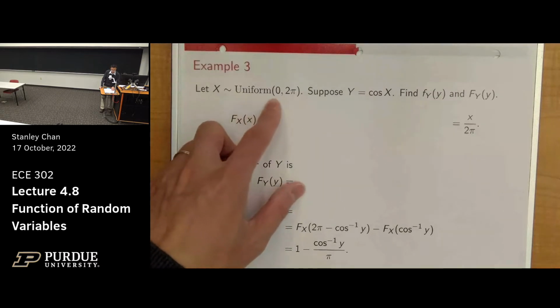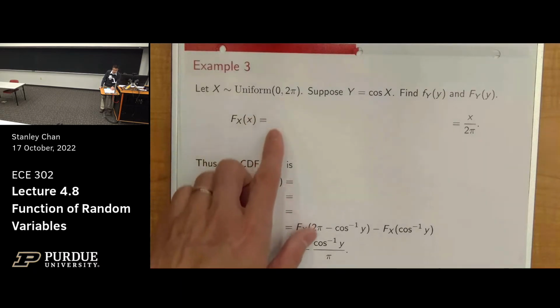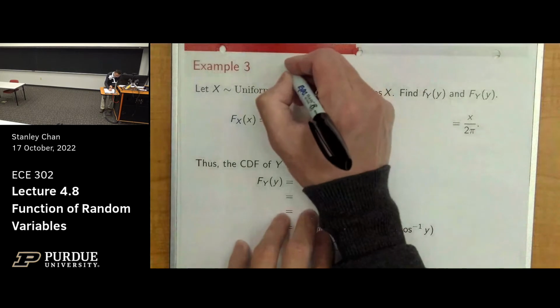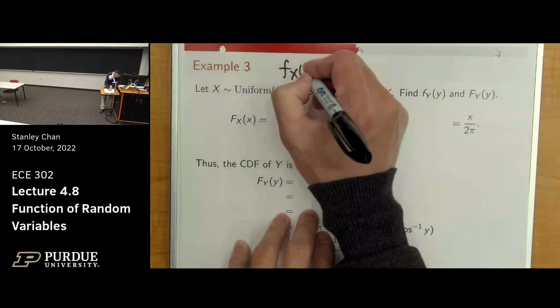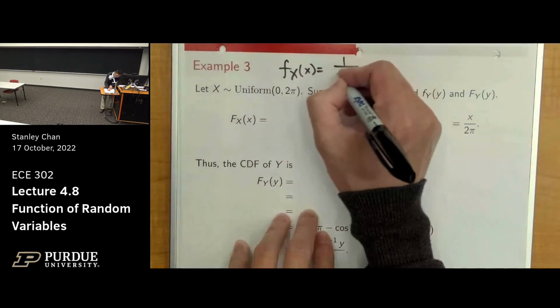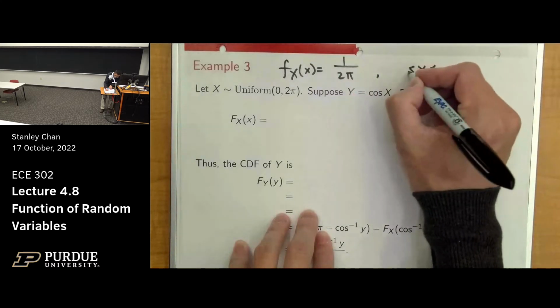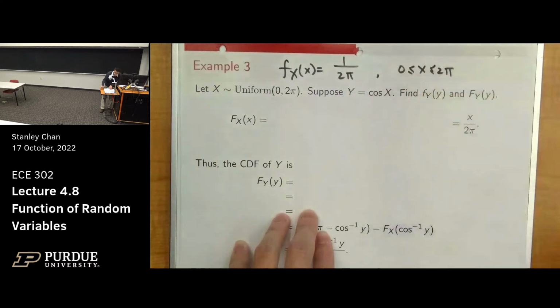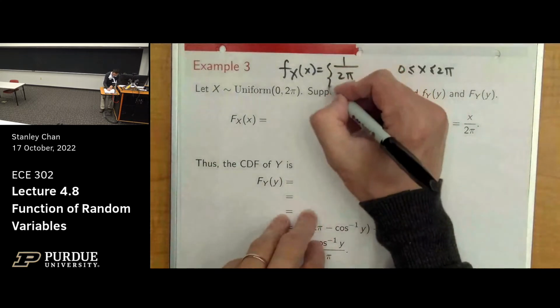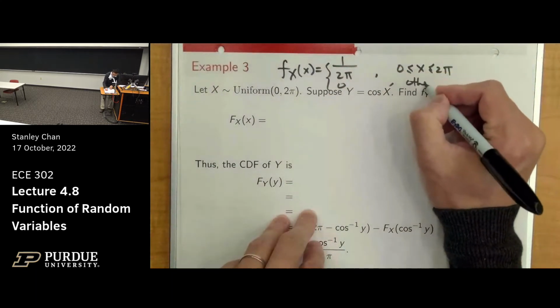So it is a uniform random variable. Now, what will be the PDF? The PDF of this X will be 1/(2 pi) where x is between 0 and 2 pi, and it is 0 otherwise.